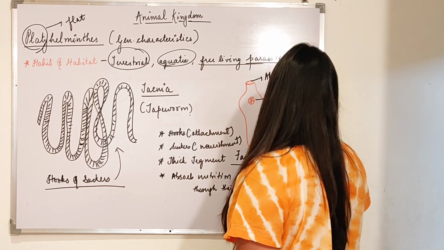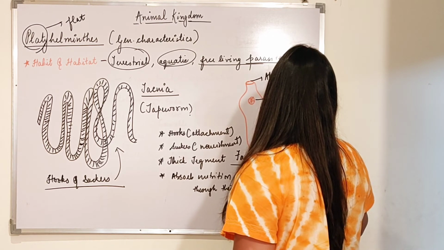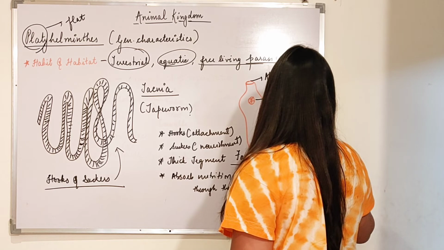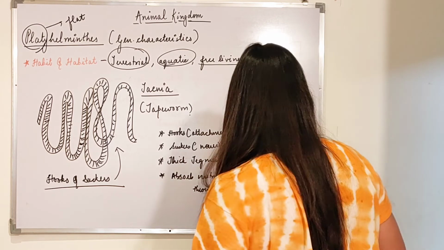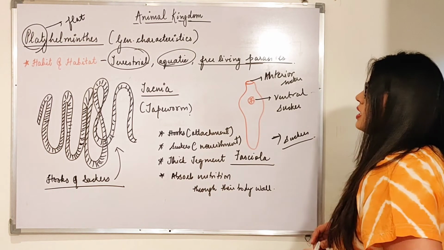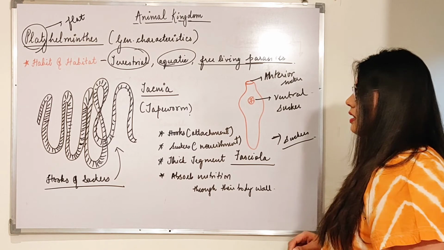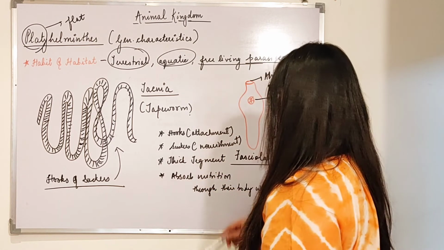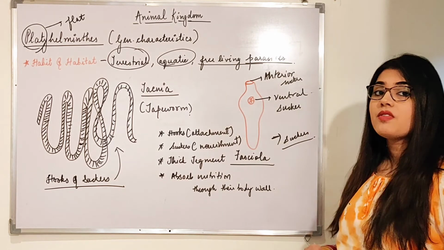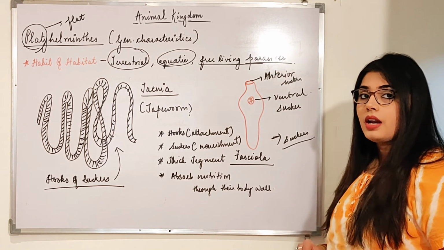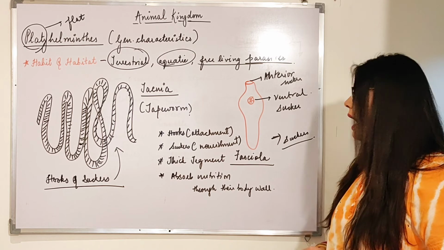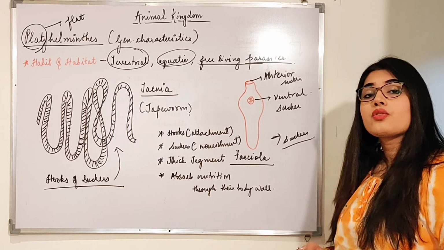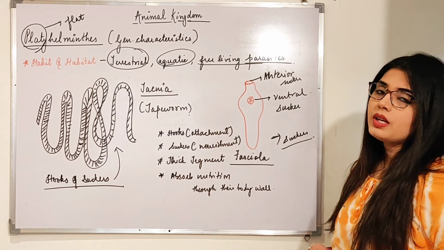So only suckers are present in case of fasciola, and hooks and suckers both are present in case of Taenia, the tapeworm. Right? Now these two again are special features. Thick tegument prevents the action of enzymes from acting on them. And the last one is they absorb nutrition through their body wall. So this is also one additional feature.